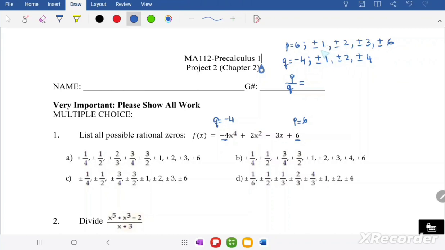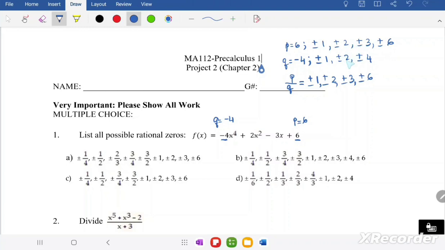So the factors of P over plus minus 1 will be plus minus 1, plus minus 2, plus minus 3, and plus minus 6, right? That's when we take all the factors of P and divide by plus minus 1, the first factor of Q.